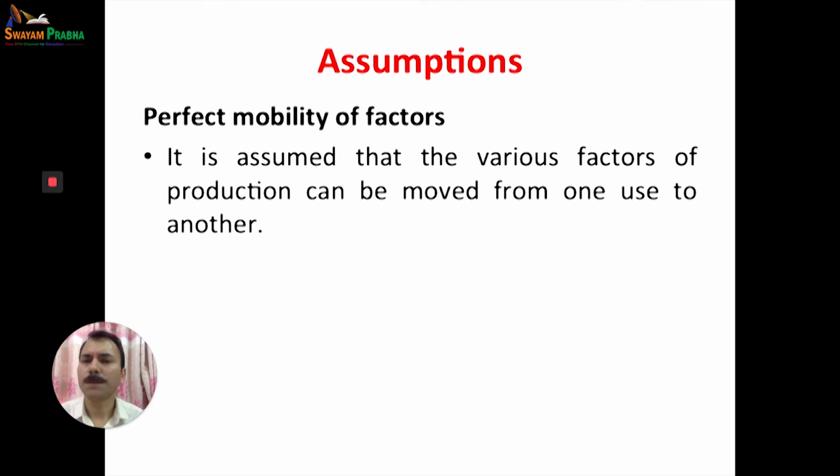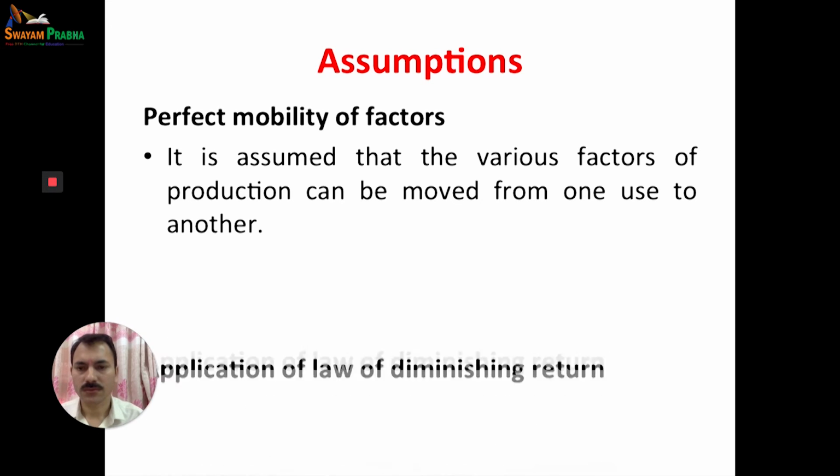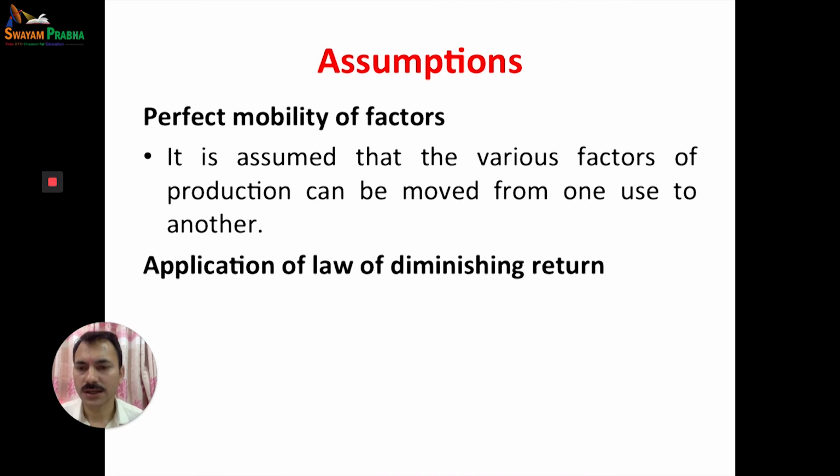Next is the perfect mobility of the factors. Factors of production are fully mobile. It is assumed that the various factors of production can be moved from one use to another. Then, application of the law of diminishing returns: as more and more units of a factor of production are employed, the marginal productivity starts diminishing.